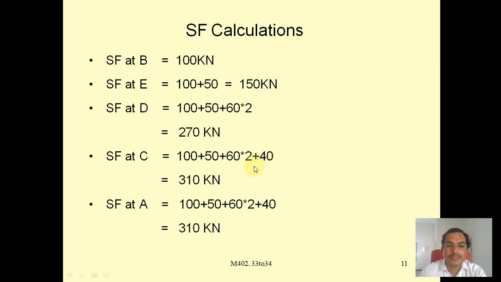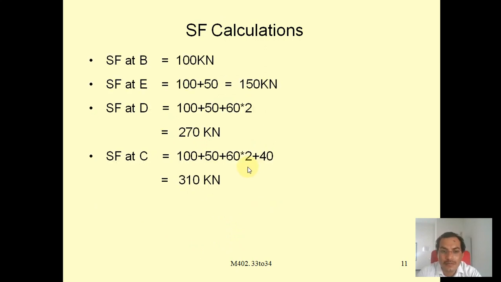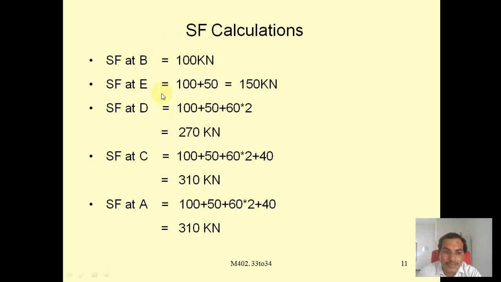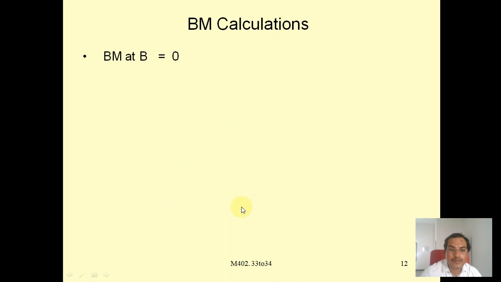In total, all the forces are positive, continually in the upward direction. So E is plus, D is plus, C is plus, and A is also plus.